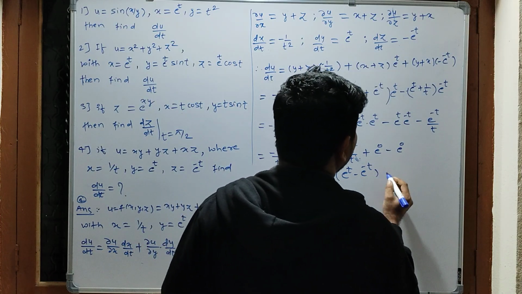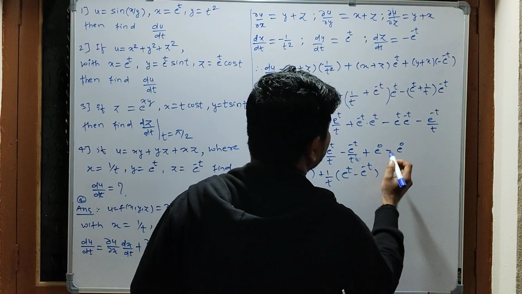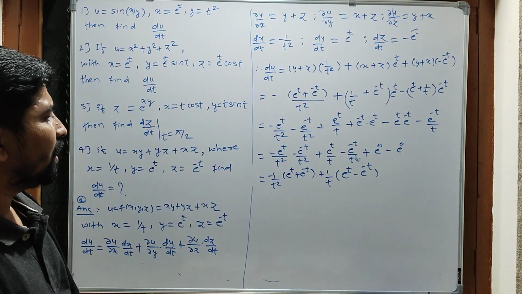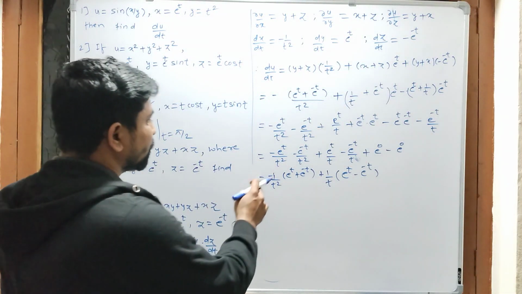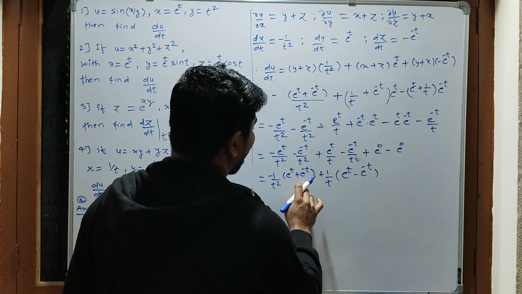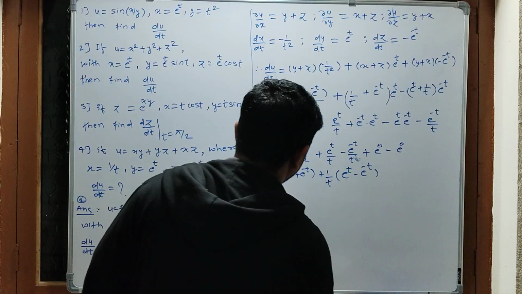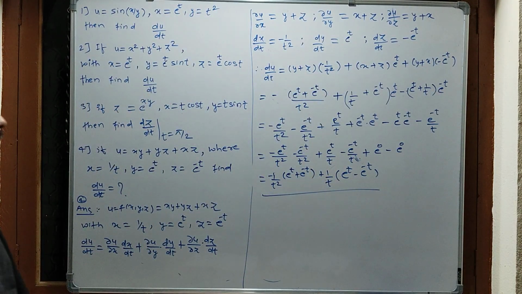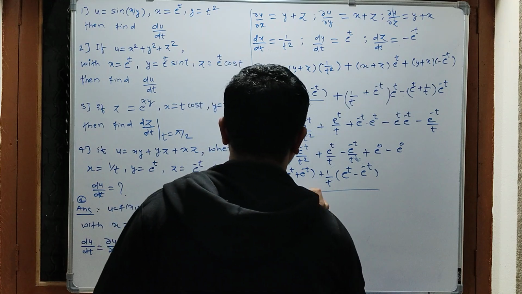So plus minus 1 gets cancelled. This is your final answer: minus 1 by t square into e to the power t plus, so this is the total derivative of u with respect to t.